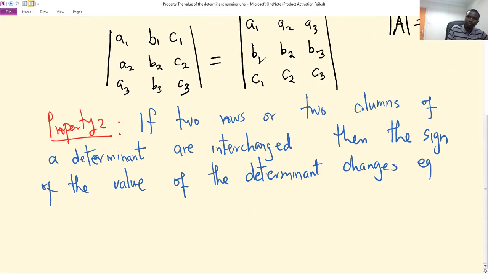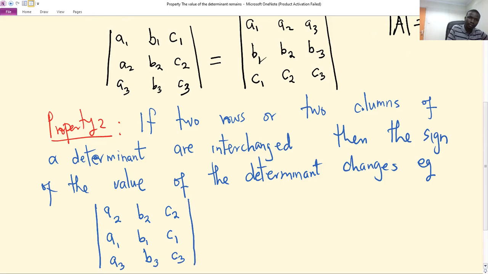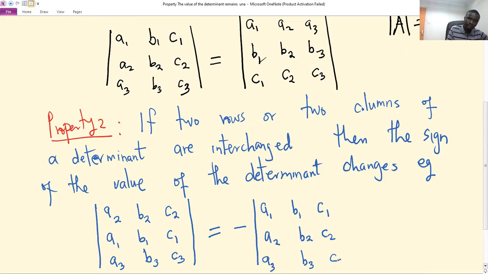E.g., the determinant of this matrix A2, B2, C2, A1, B1, C1, A3, B3, and C3 is the same as the negative of the determinant of A1, B1, C1, A2, B2, C2, and then A3, B3, and then C3.